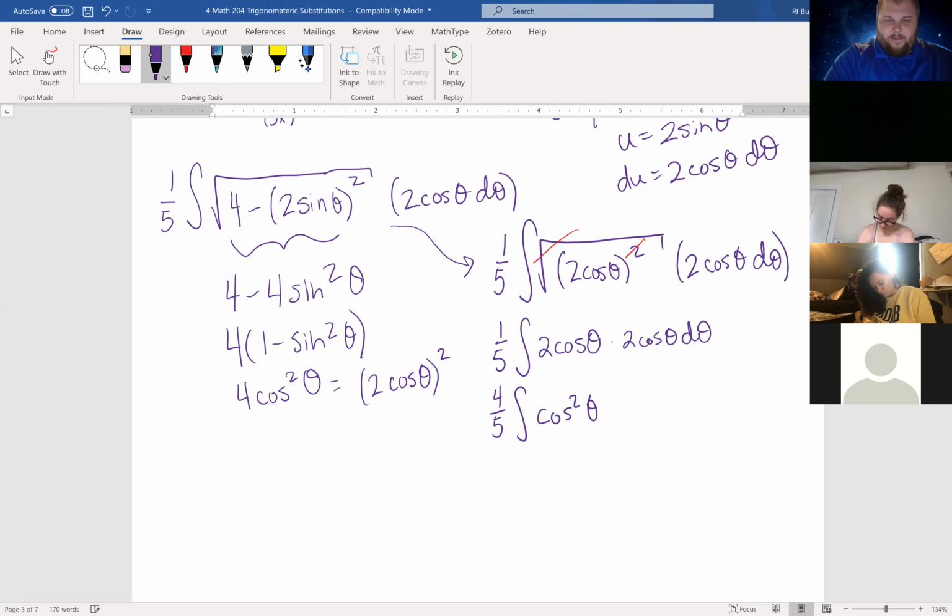So what do I have now? As in what technique would I use to solve this?